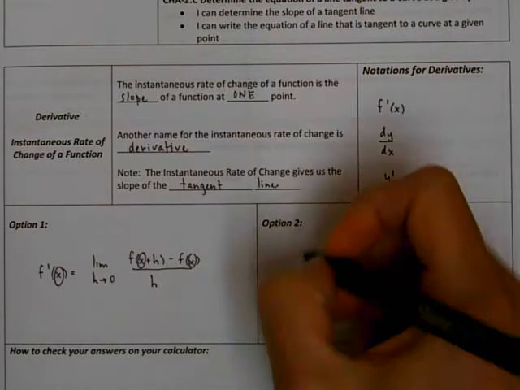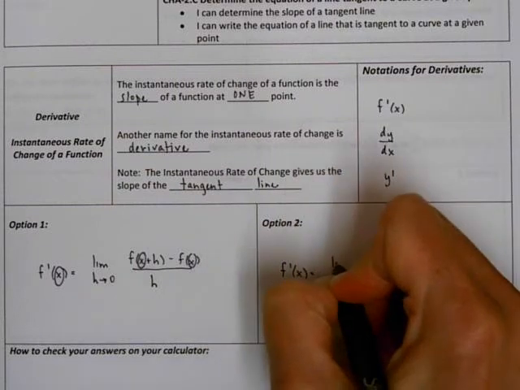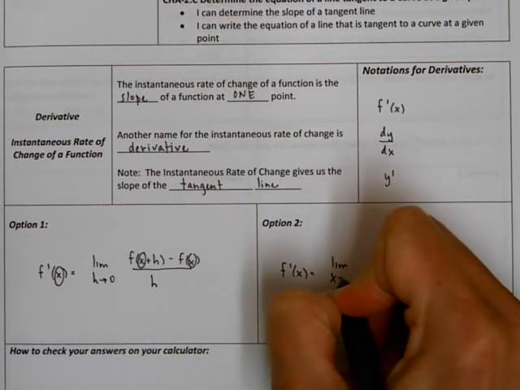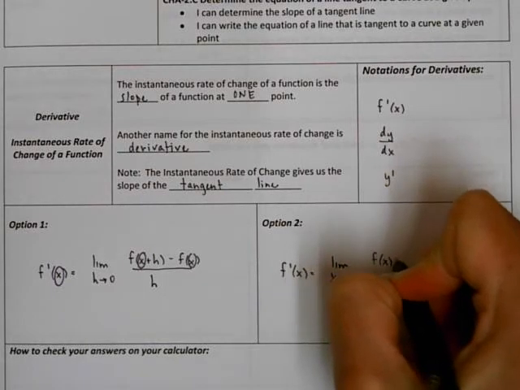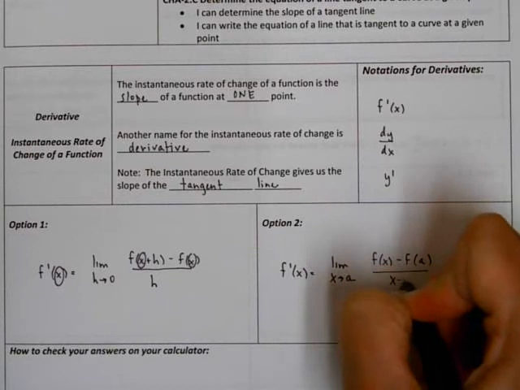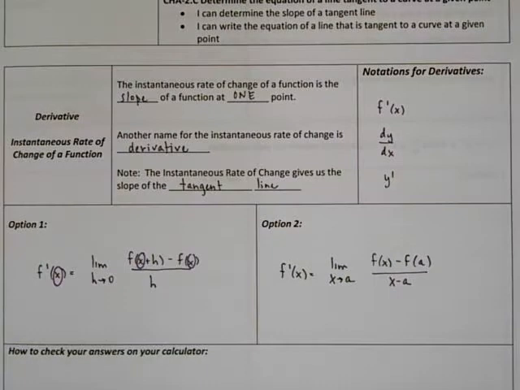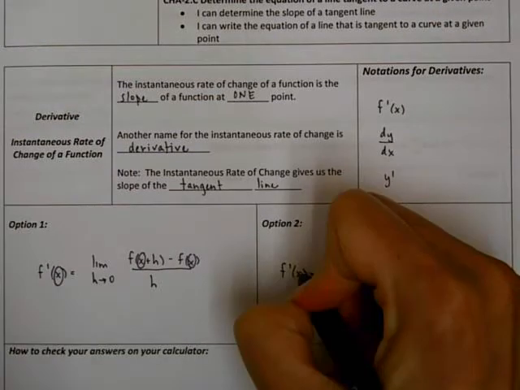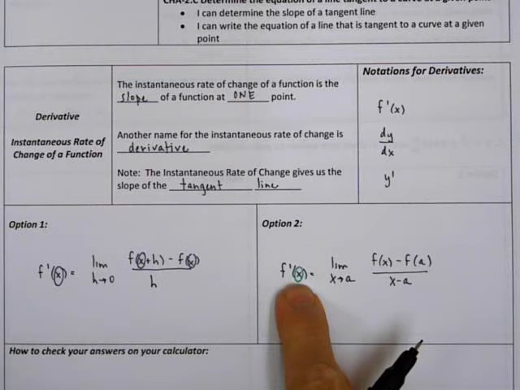Our second option for finding the derivative, again using limits, is to use this formula, which is the limit as x approaches a of f of x minus f of a all over x minus a. And similarly here with this option, we would be finding that derivative at a particular value of x.